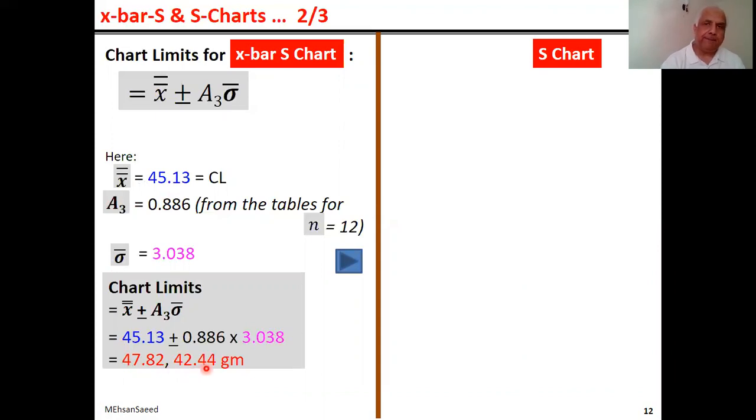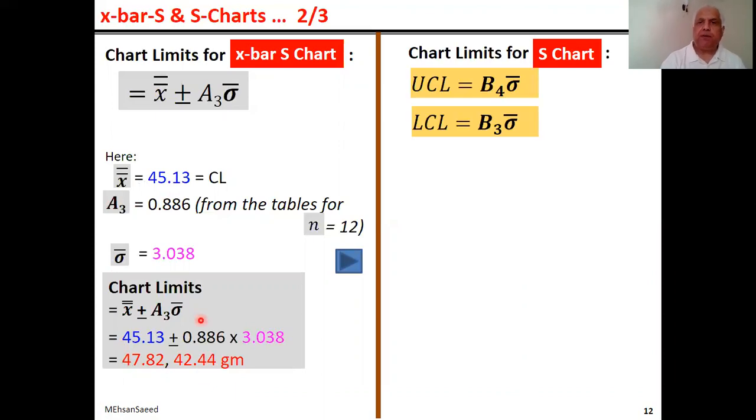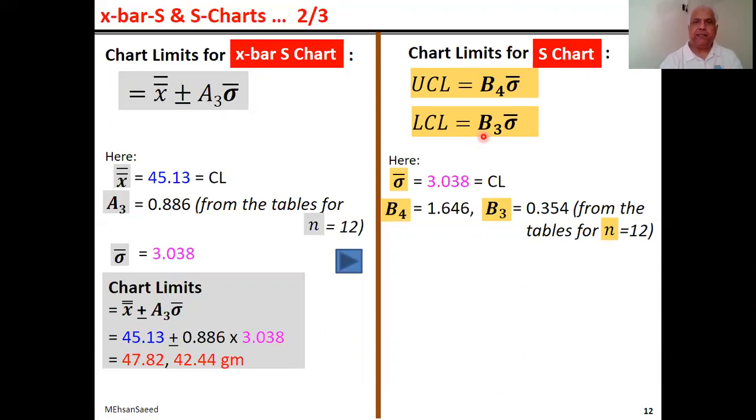So this is the shift. Dispersion, these are the formulas. Upper control limit, this time B4 times the mean of standard deviation. In case of the range chart, R chart, it was D4, and instead of standard deviation bar, it was range bar. And for lower control limit, it is B3. Let's look at these figures again from the same chart.